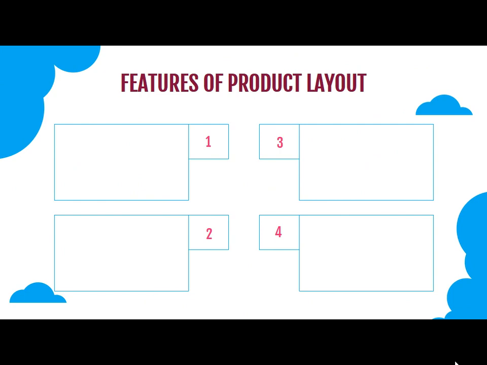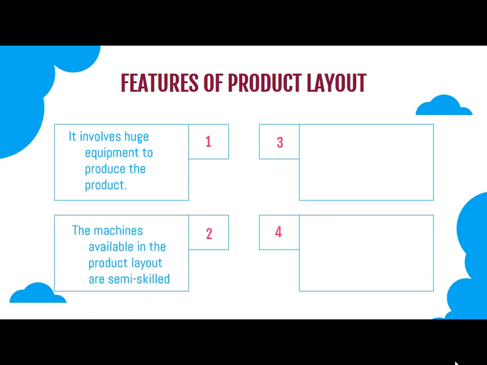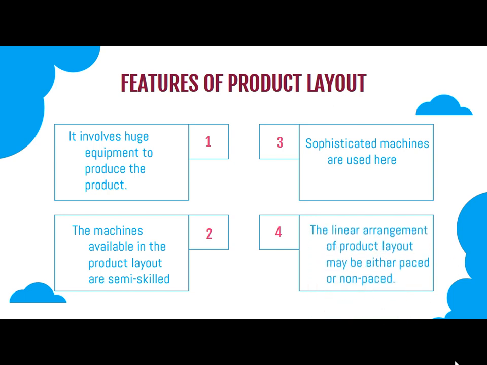Now we will see a few features of the product layout. It involves huge equipment to produce the product. The machines available in the product layout are semi-scale type of machineries. Sophisticated machines are used here.